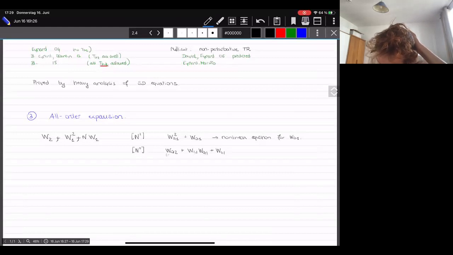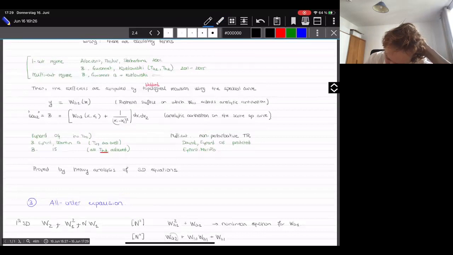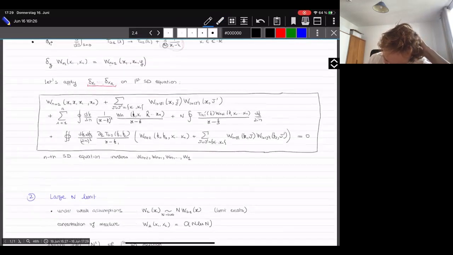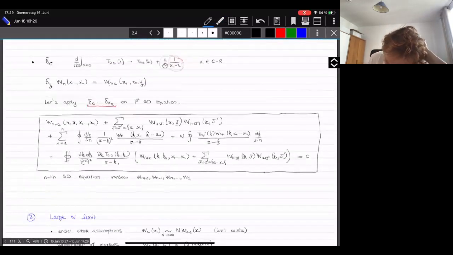Okay, so how do we deal with W02? Let's have a look at the second loop equation, setting n equal 1. Actually, that's n plus 1, in the way I label things.